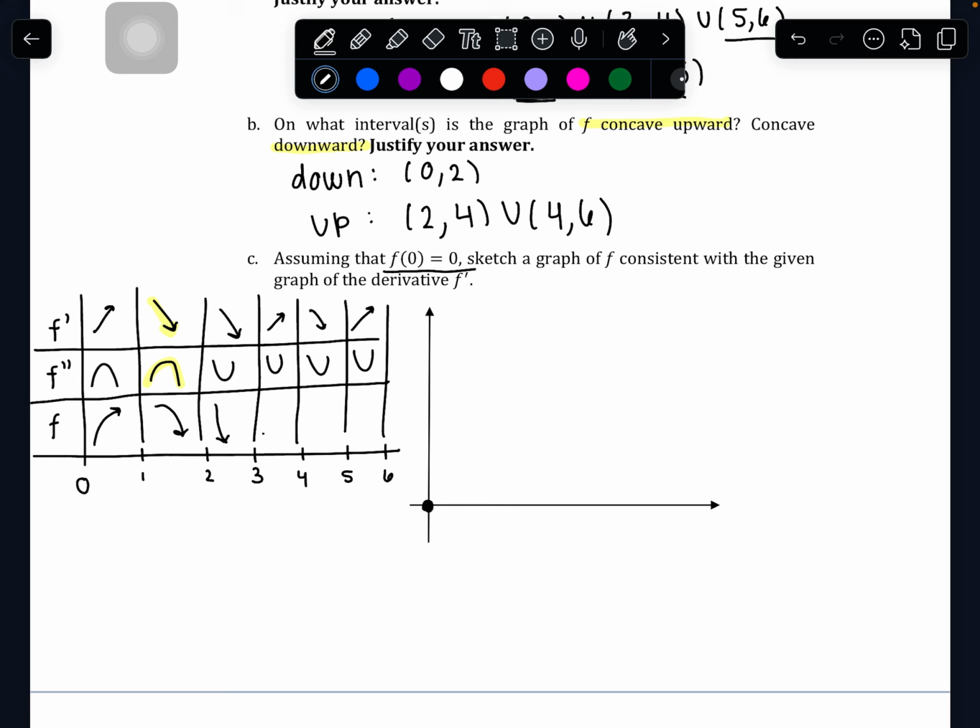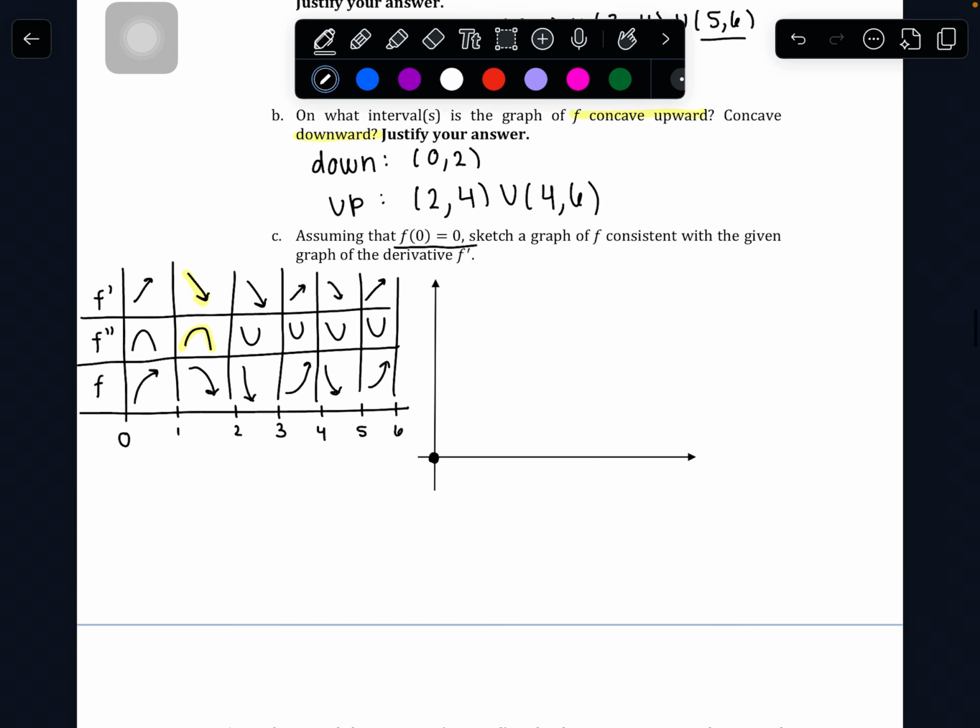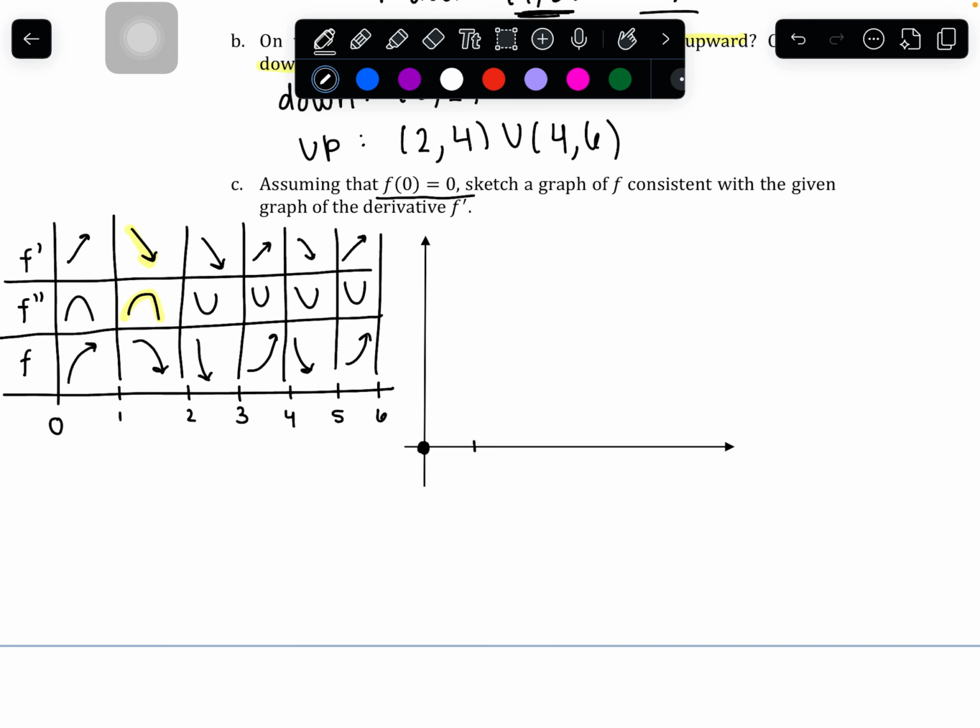Decreasing, concave up, increasing, concave up, decreasing, concave up, and increasing, concave up. Okay, so let's get all of these plotted here. We don't need to be super precise, we just have to get the general sketch of it, okay?